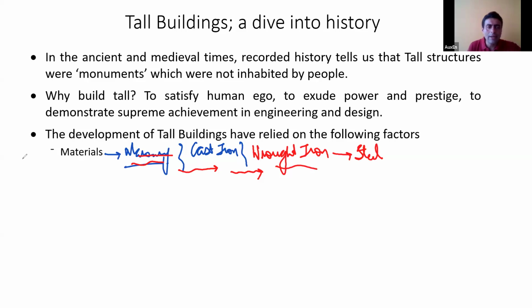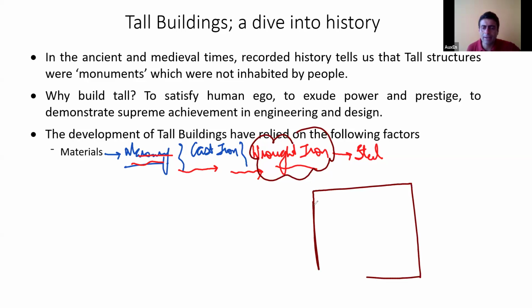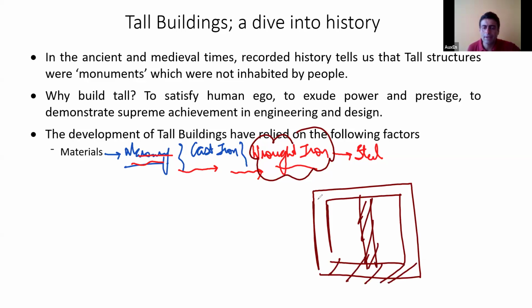So when you had wrought iron, what started happening? Suddenly you could construct buildings of wrought iron members. Are you getting this point? Earlier, a large part of my plan area was covered by masonry. I'm showing you a plan, and all these were load bearing masonry units.